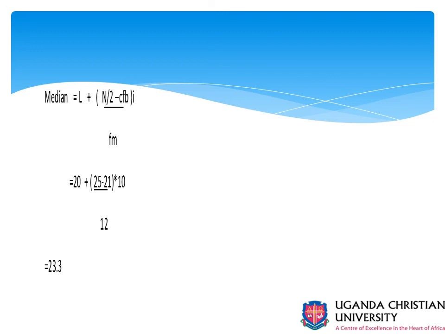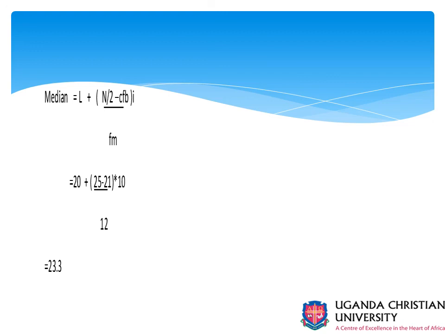The cumulative frequency before, that is CFB, is the value that comes before the median class. Once we have the median class, to find the cumulative frequency before, we go back to our table and look for the value before our median class. That's what we put as 21.